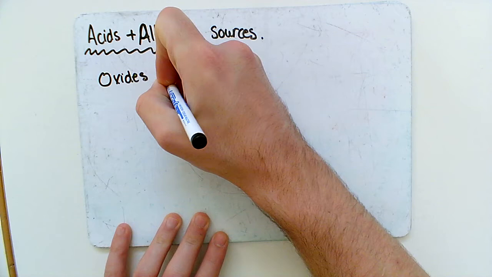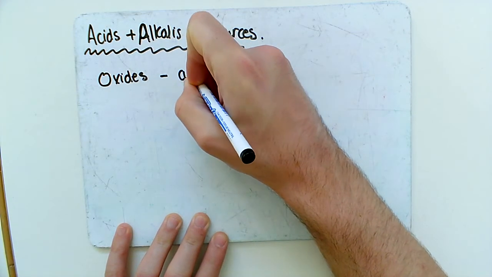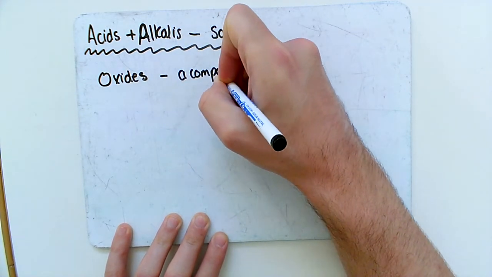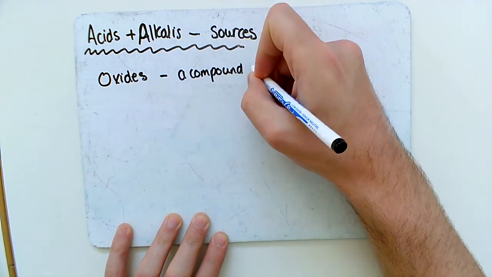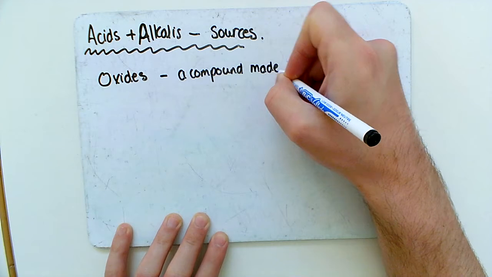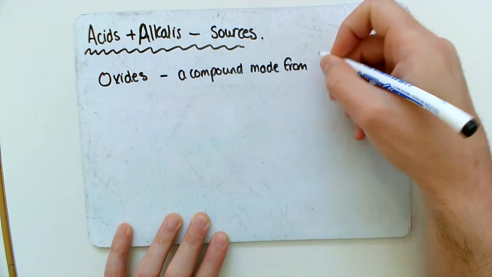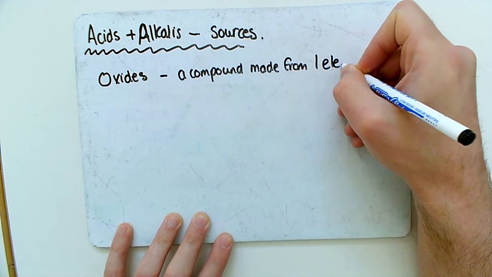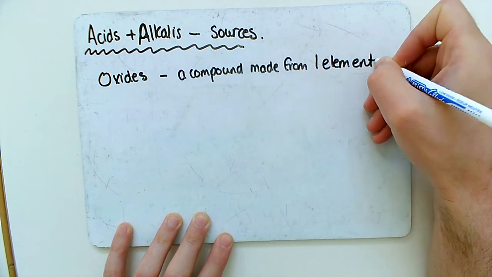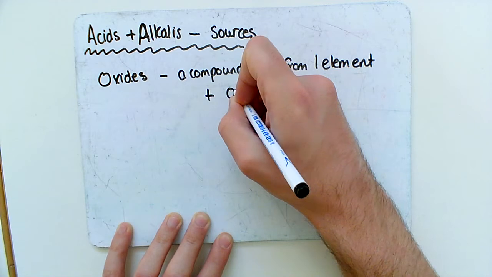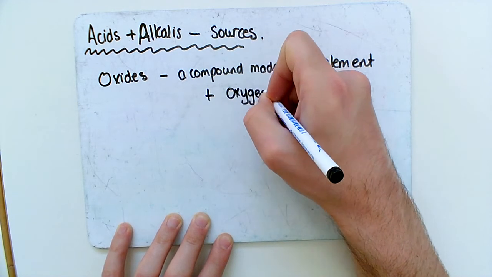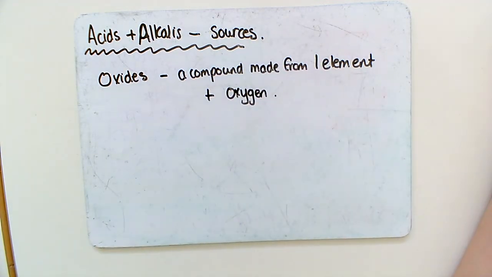An oxide is a compound that's made from one element plus oxygen. It's pretty easy to tell whether or not a compound is an oxide because it ends in the word oxide.